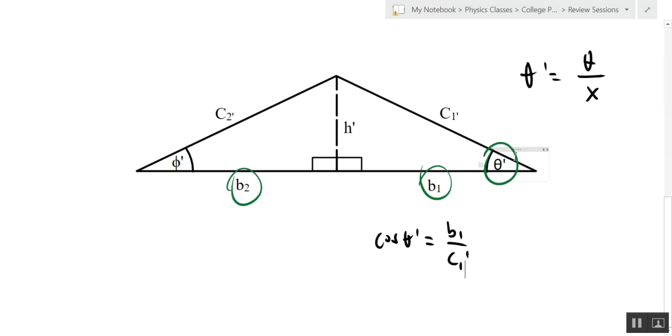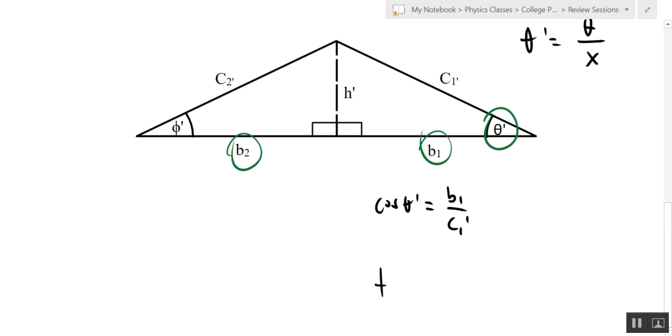Tangent, right? Because what would the tangent of theta prime be? H prime over B1. Right. Once again, there's other ways to do it. There's more than one way to get the same answer, but that's the best way to do it because it just involves the things that you definitely know. So now you know H prime, right?